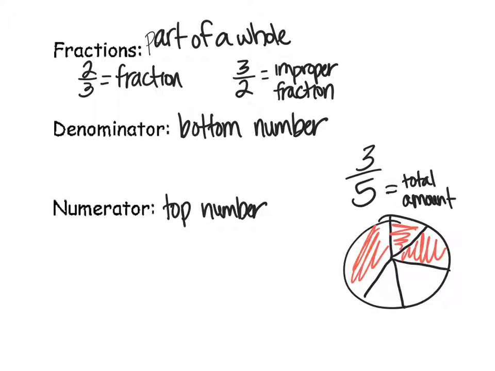Okay? So 3 out of the 5. So if the bottom is the total amount, the top number means the number that's shaded or the number that we're working with. We're counting only 3 of them out of the 5. 3 out of 5. 3/5. Okay?